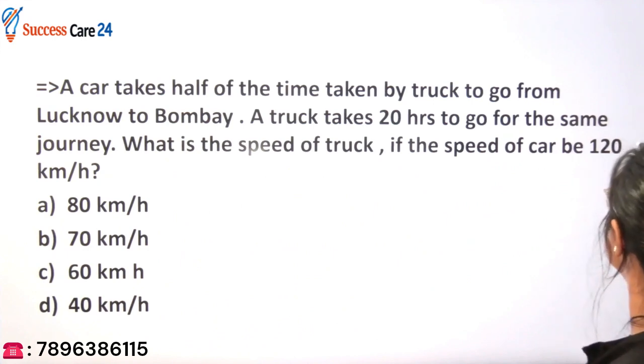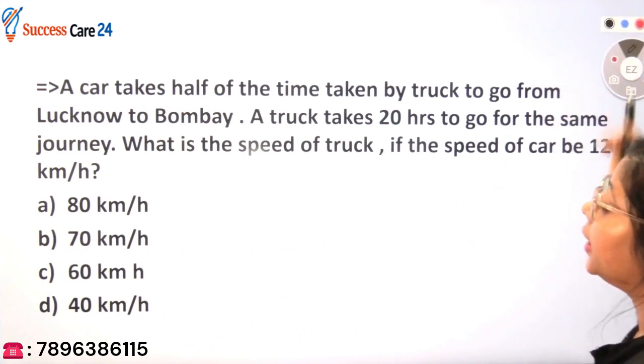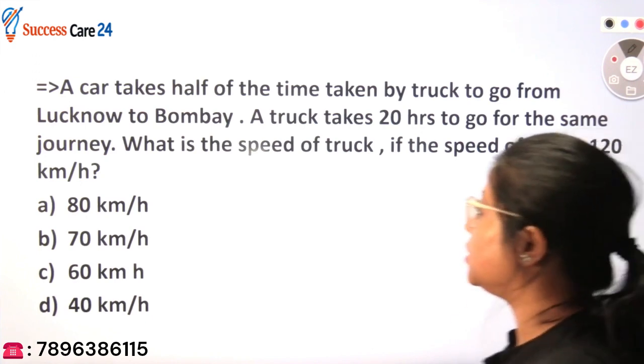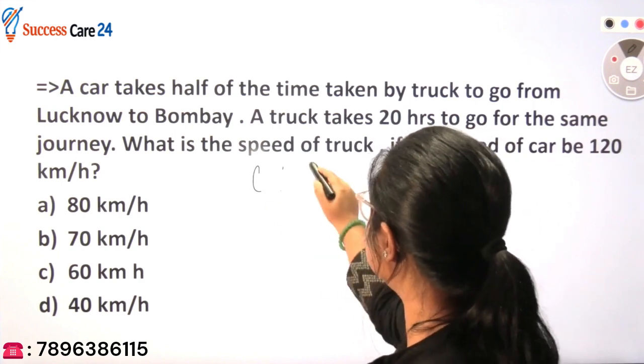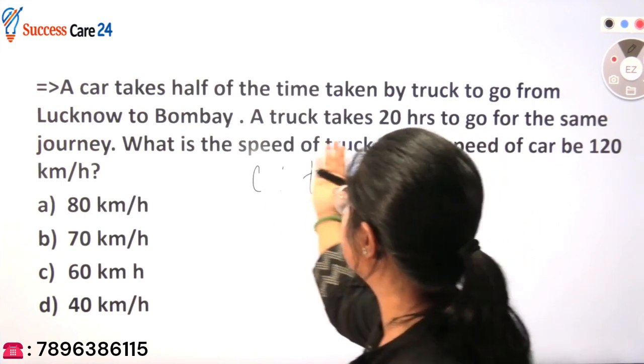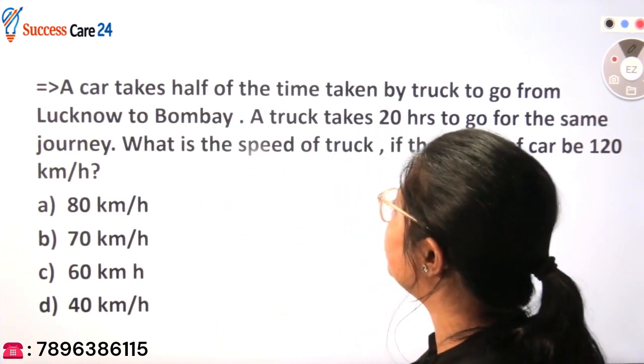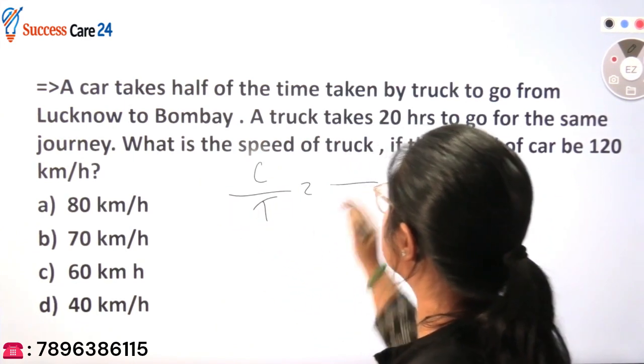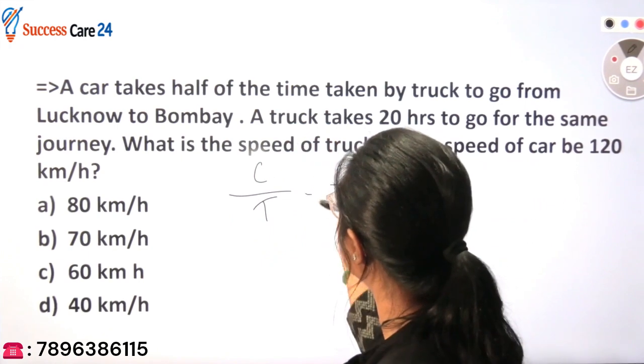So the next question is given as: a car takes half of the time taken by a truck to go from Lucknow to Bombay. So you are given the car and truck, and what is given? The time ratios of car and truck.